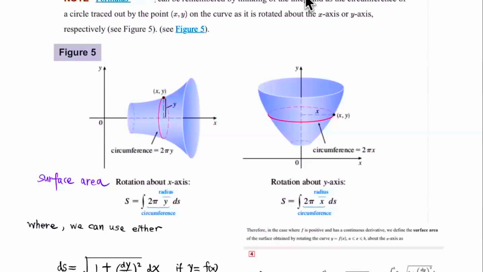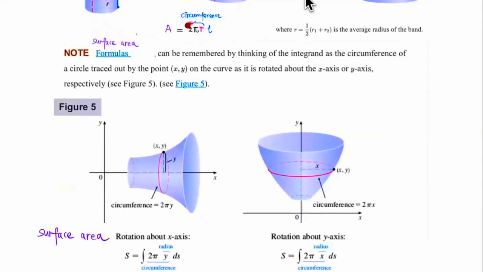If it's rotated about the x-axis, then you would draw a circle. The circumference of the circle is 2 pi r, which in this case, r is y, so 2 pi y. That's the 2 pi r right here.